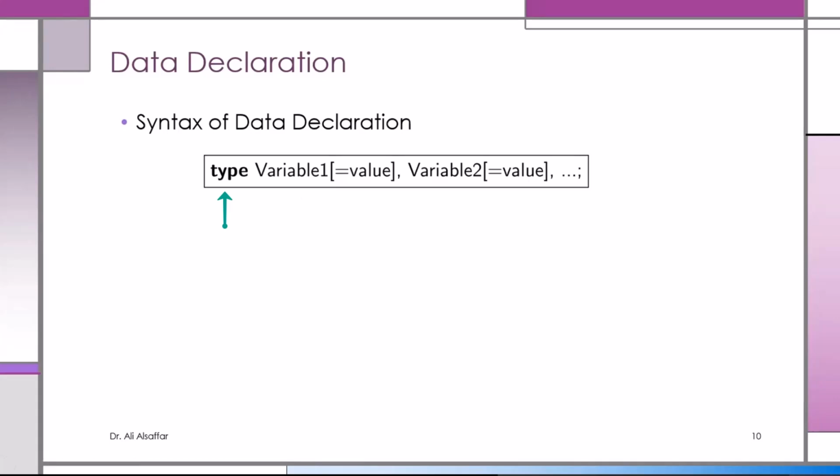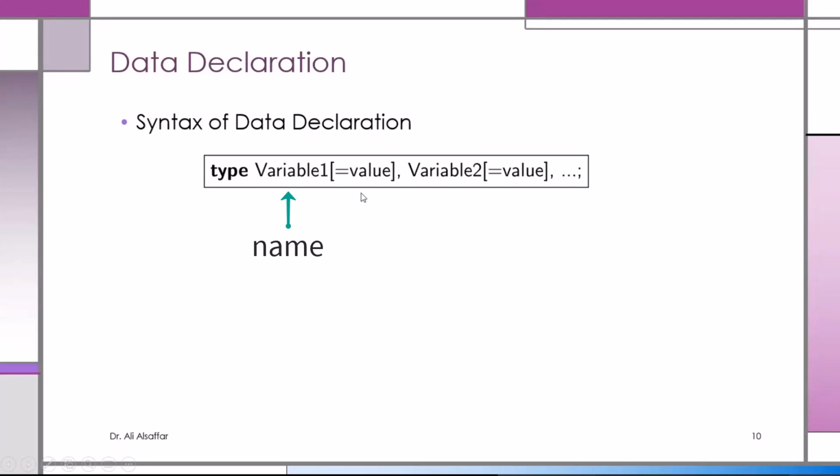If you want to add 2 numbers, you need to choose data types for numbers, either integer or real. Next, you put the name of the variable. In this declaration, you can define more than one variable in one line, because they share the same data type. This is our first variable, variable 1, the name of the first variable.